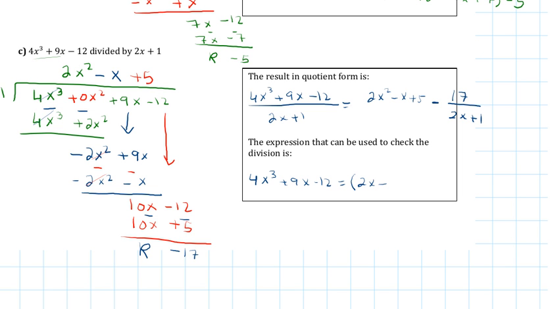Or we can write it as 4x cubed plus 9x minus 12 equals 2x plus 1 times 2x squared minus x plus 5, minus 17.